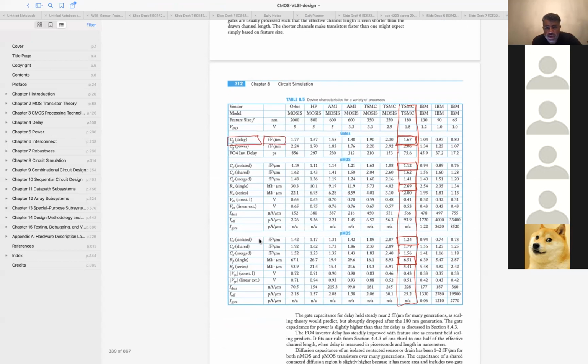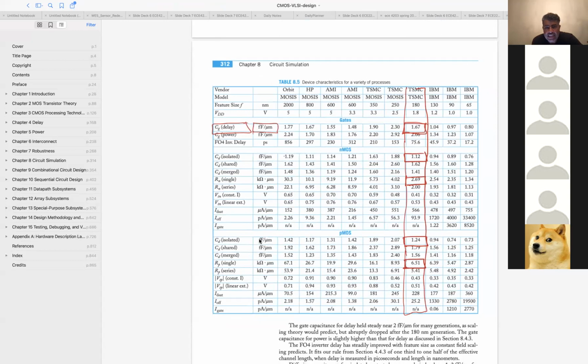So if you go to Table 8.5 of your book, it's done this kindly for you. What I highlighted in red here is the TSMC 180 process, which is what we're using, 1.8 volts.